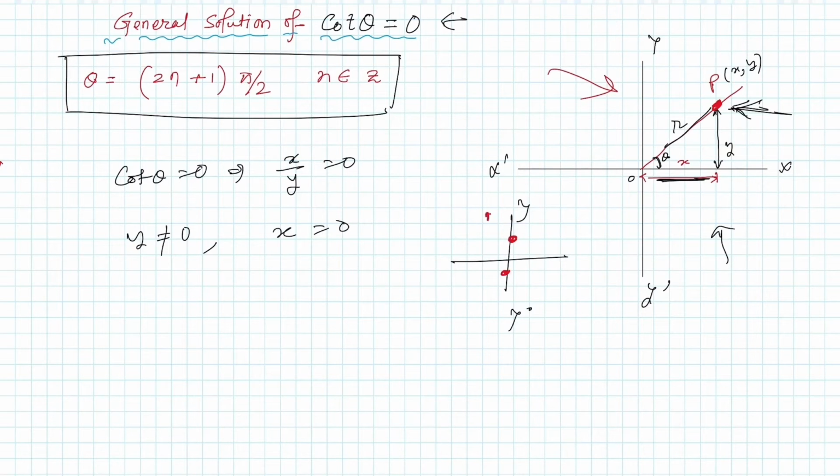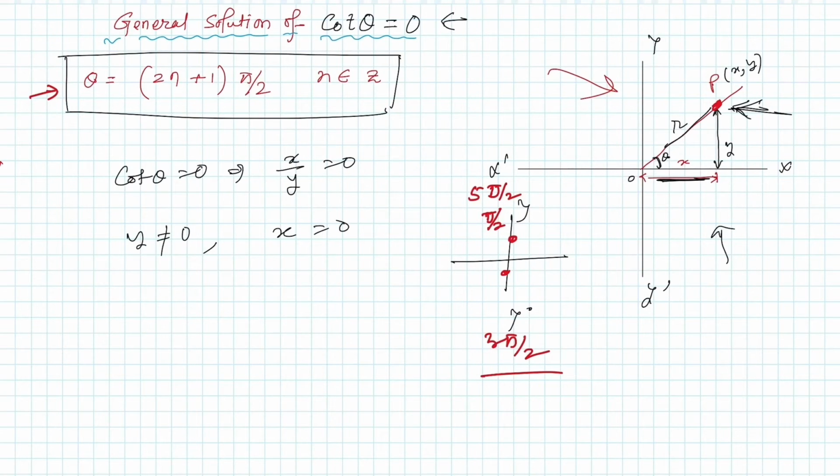It is possible when theta is equal to pi by 2 or 3 pi by 2, 5 pi by 2, and so on. That means odd multiples of pi by 2. So that's why the general solution is theta equal to (2n plus 1), which gives an odd number, into pi by 2.